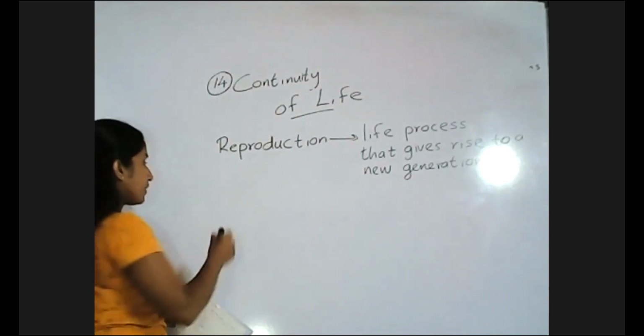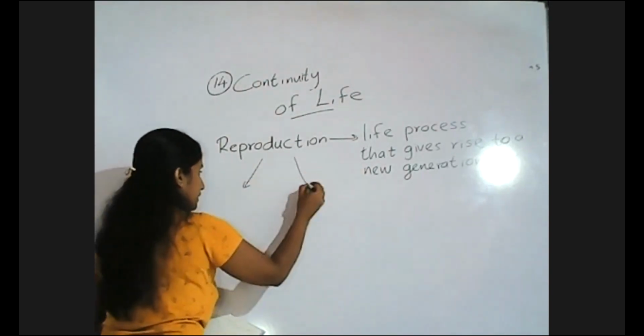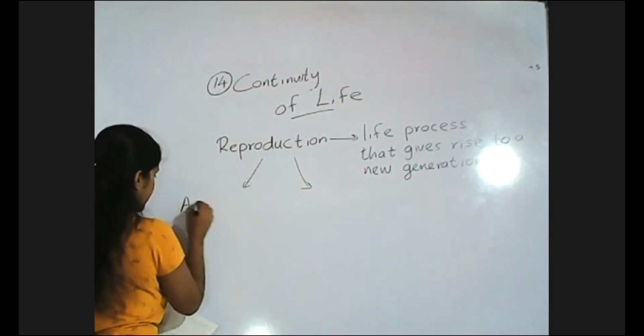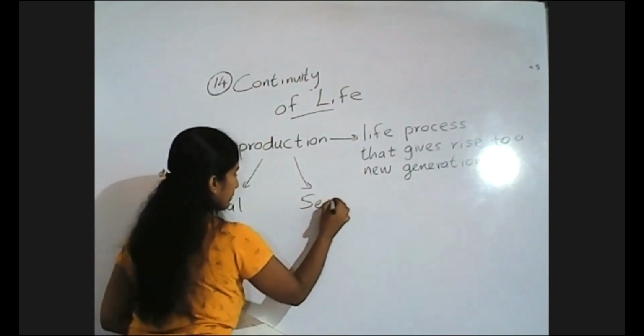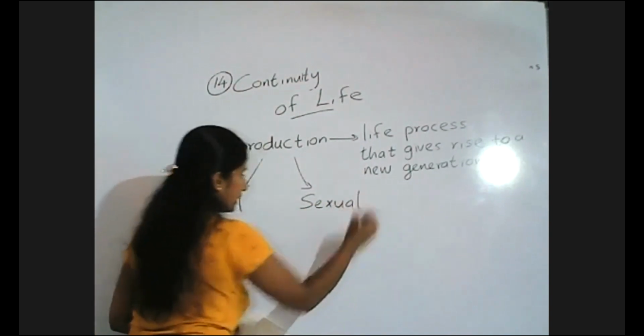When we consider the reproduction, it is in two ways: asexual reproduction and sexual reproduction.